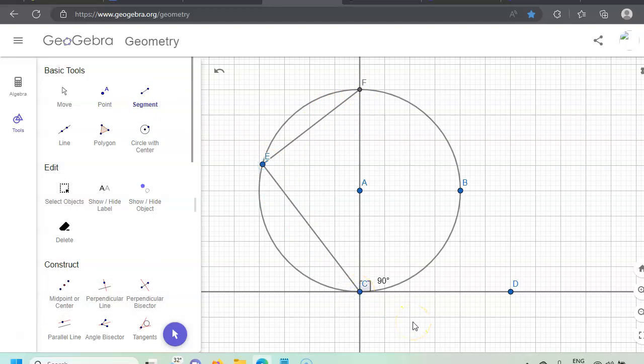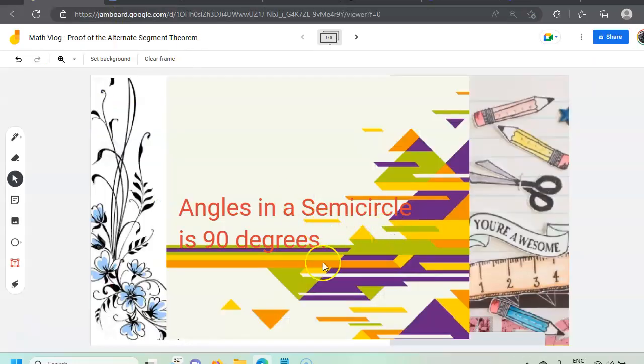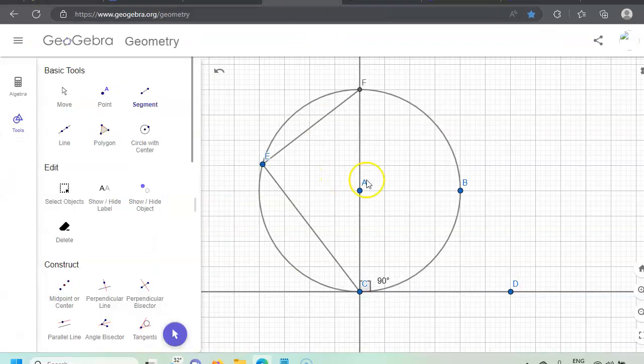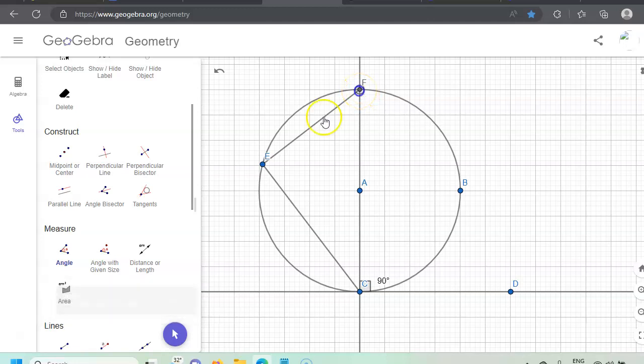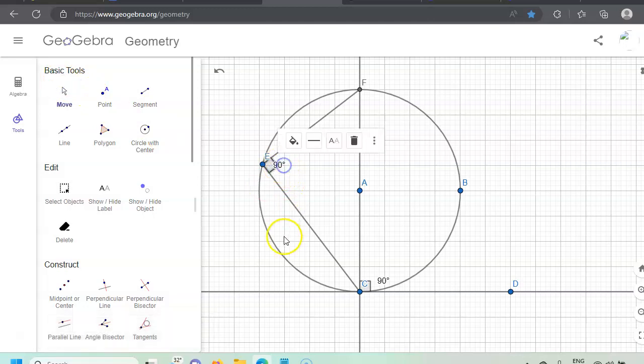So what do we have now? Yes, we have an angle formed in a semicircle. So this is the semicircle, right? So the property of any angle in a semicircle is this: angles in a semicircle is 90 degrees. Alright, so here's the visual proof. So the angle FEC is 90 degrees.